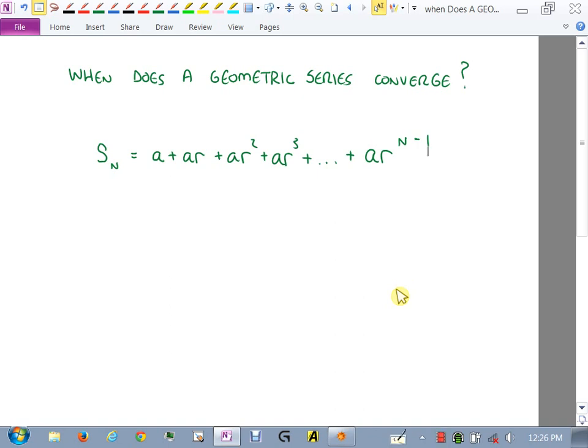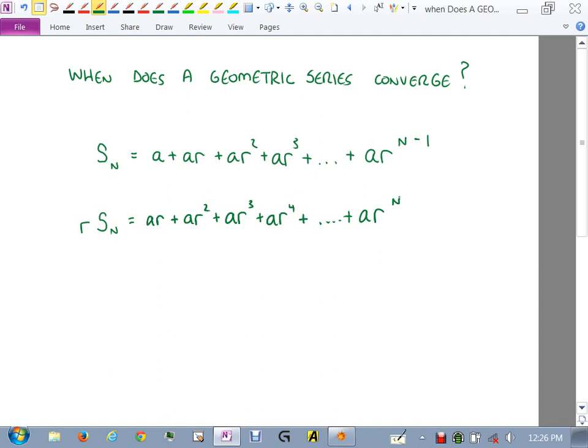All right. I'm going to do something tricky here. Not a very natural thing that you would think to do. I'm going to multiply that sum up there by r. What's r times this? AR plus AR squared plus AR cubed plus AR to the 4th plus dot, dot, dot, AR to the n.